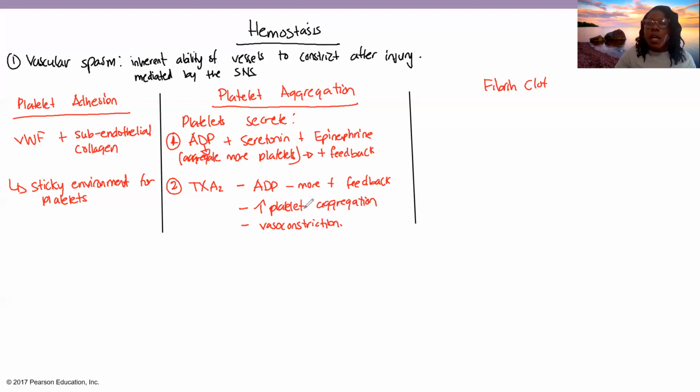Okay. Let's look at the third part of this, that fibrin clot formation. So essentially we had two major pathways to our clotting cascade. The first thing we want to identify is that clotting factors are always circulating in the blood inactivated.